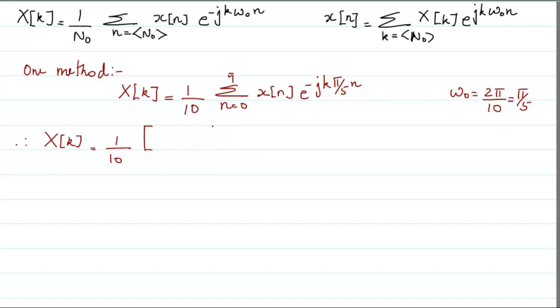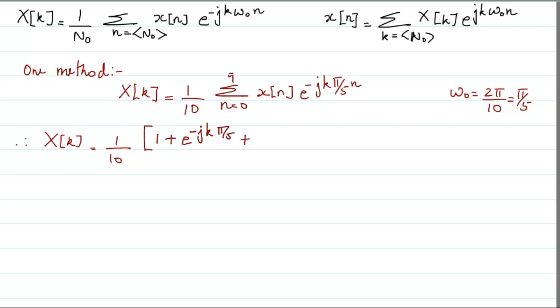So the value is 1 into e raised to power minus j k pi by 5 n. Here n is 0, so e raised to power 0 is going to be again 1. So the first value turns out to be 1, plus now x of 1 is 1 into e raised to power minus j k pi by 5 into 1.